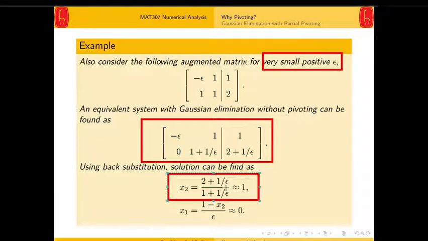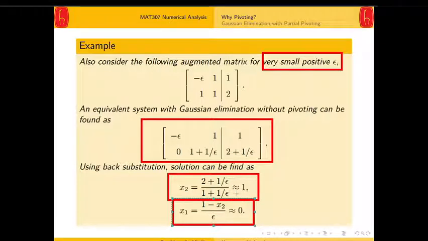So this number and that number will be basically the same, and this will be basically equal to 1. Once we obtain 1 from here, we get x1 as 1 minus 1 divided by epsilon, which is 0 divided by epsilon. Epsilon is small but still a number, so 0 divided by a non-zero number makes it 0.